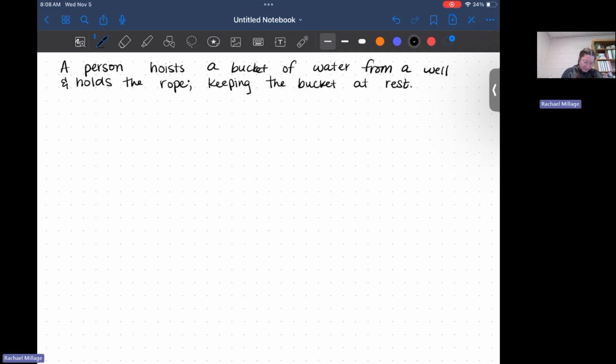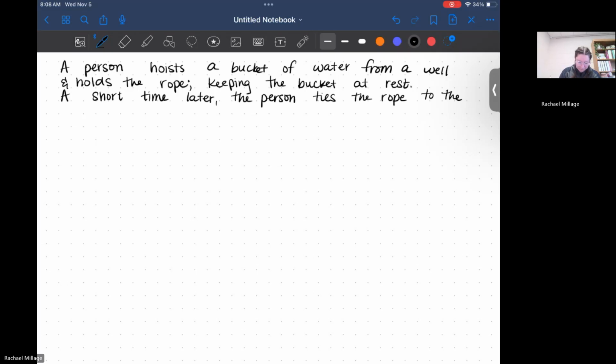A short time later, the person ties the rope to the bucket's handle. This allows the rope to hold the bucket.